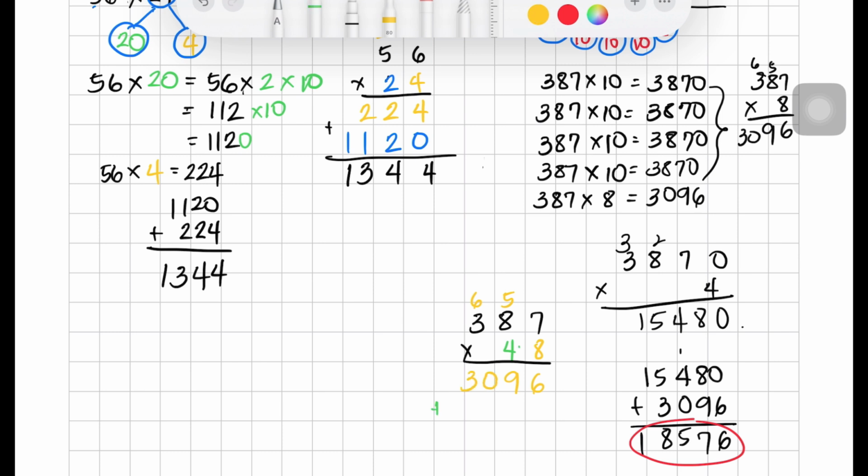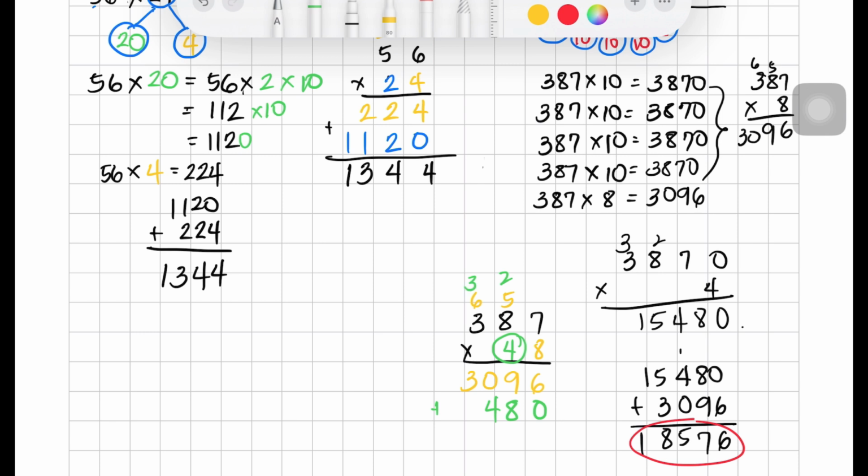And then we move to 4. Remember, this is not just a 4, it's a 40. So 7 times 40 is 280. So I'll put a 0 there, an 8 here, and that's the 2. Okay, so 8 times 4 is 32 plus 2, sorry, 8 times 4 is 32 plus 2, 34.